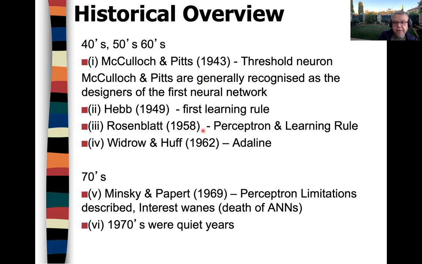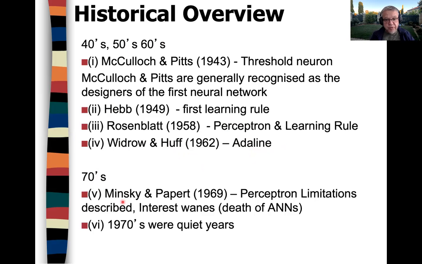Rosenblatt in 1958 came up with the perceptron and its learning rule. We're going to talk about the perceptron and the multi-layer perceptron, the fully connected network as it is referred to now in the deep learning literature. Then Widrow and Hoff came up with Adaline, the adaptive linear unit. We're going to talk about it also. So that was up to the 60s.